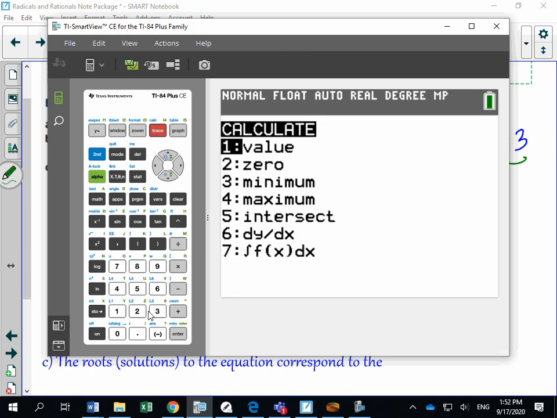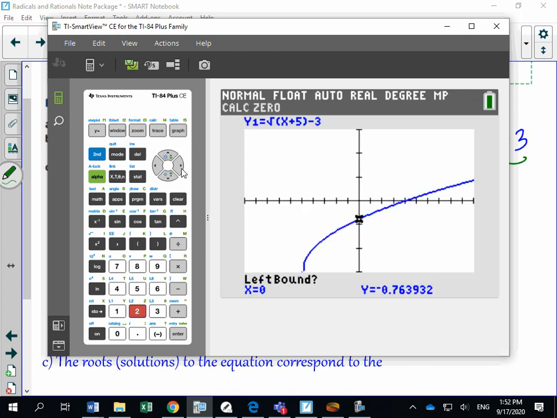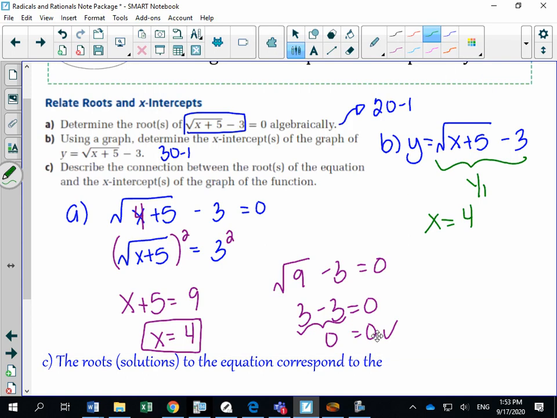And then if I went second function calculate zero, so I'm looking for that 0 there. So I need to go left of the 0, which is below, right of the 0, which is above, and then enter. X is equal to 4.